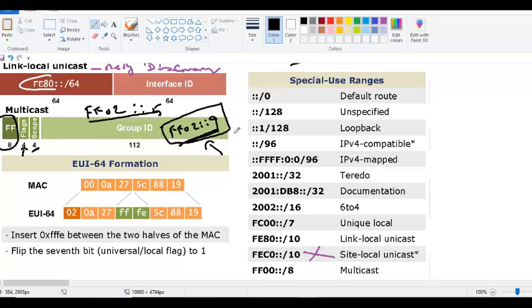A. A means 10, right? In hexadecimal, A means 10. IPv6 is hexadecimal. Do you agree, sir? A is 10. Okay. That's about multicast. So we are going to talk about these special addresses, EUI-64, in our next class.